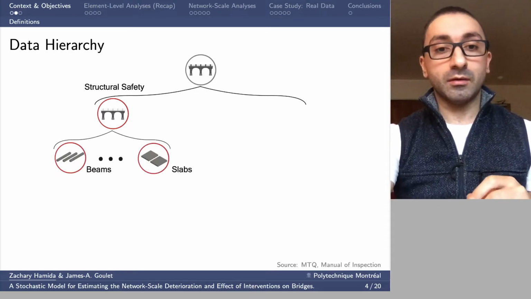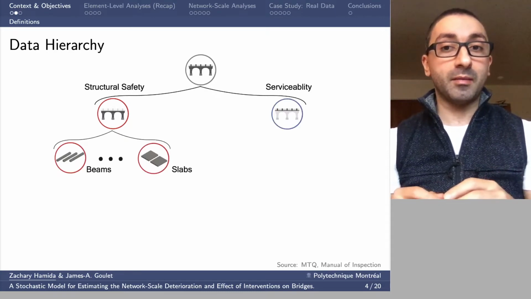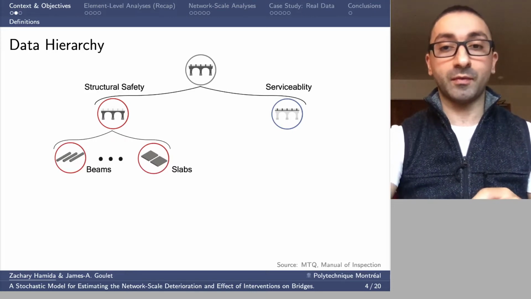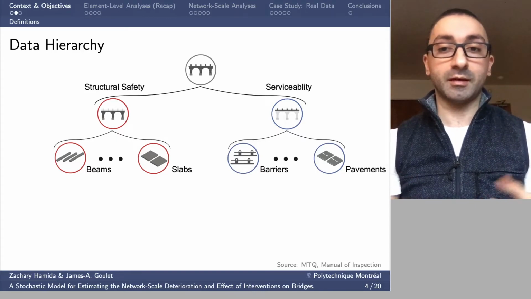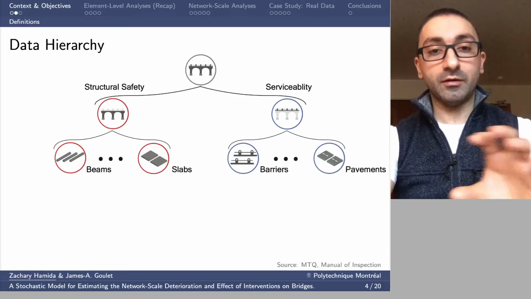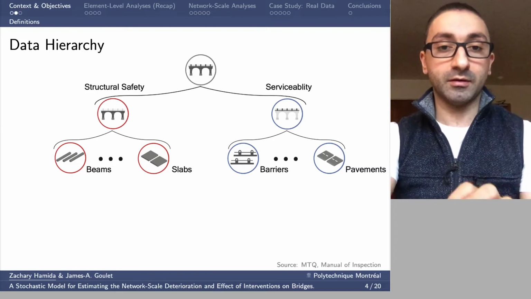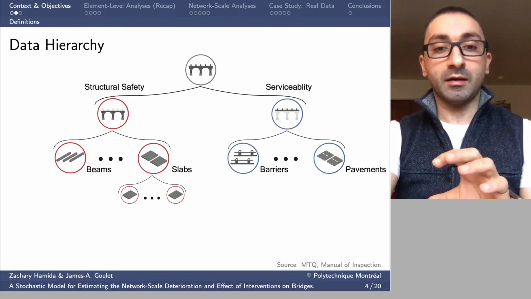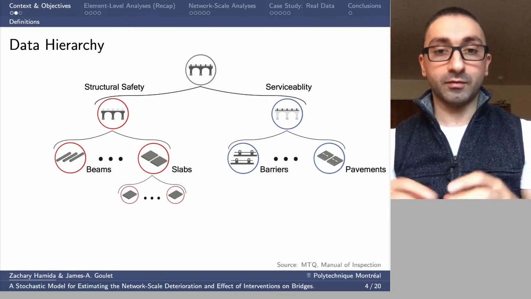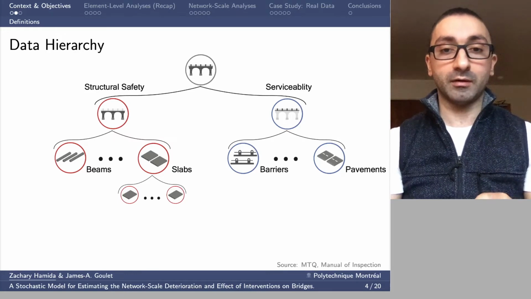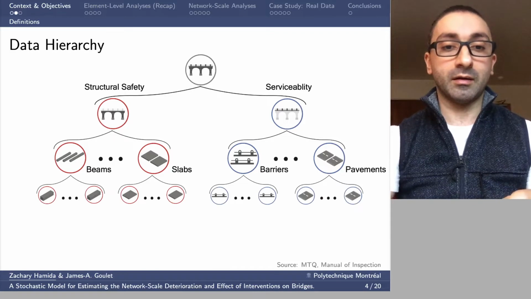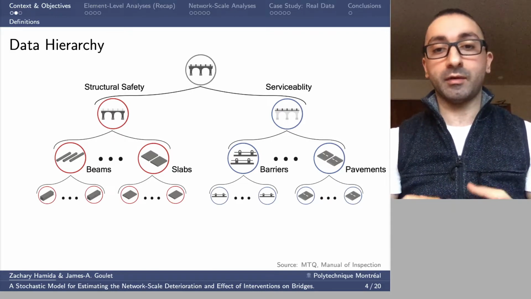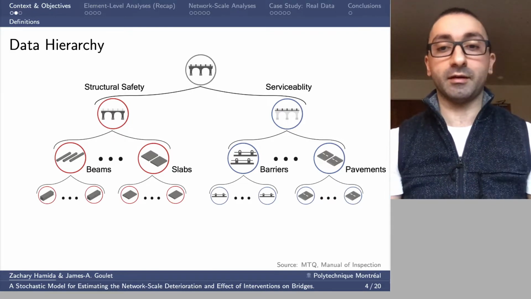And we also have elements that are associated directly with the serviceability of the bridge, such as the safety barriers or the pavements element. So each one of these categories of structural elements is composed of a number of elements. We could have 2 slabs in a bridge, or 20 beams and so on for each one of these categories.